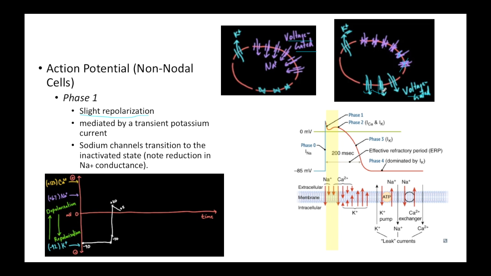So there's a little bit of time delay here before the next phase, where potassium is taking over and allowing for a little bit of repolarization because of our potassium current as our sodium channels slowly start to close. And you can see right here where that is occurring. This diagram doesn't include potassium down here, but just know that that is happening still as our channels open more and more and more.